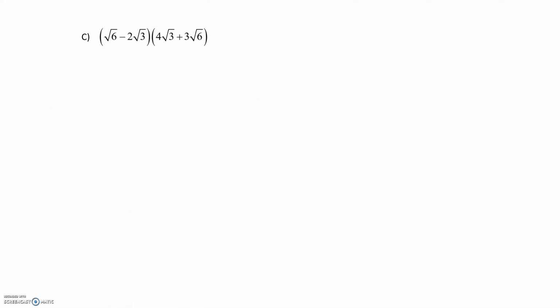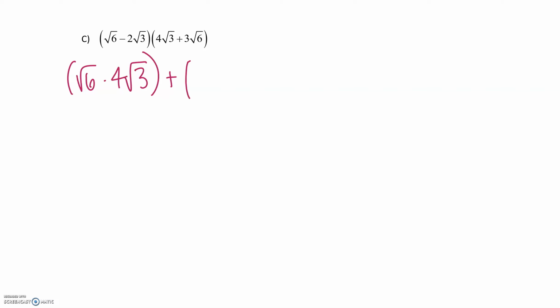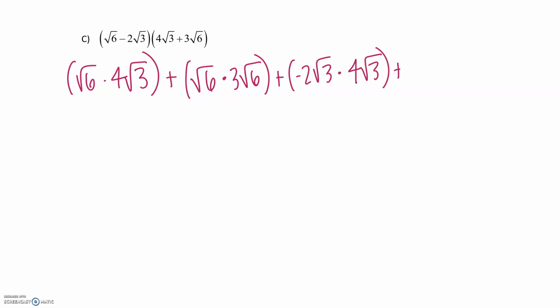Okay, and our last one, we've got the square root of 6 times 4 square roots of 3, plus the square root of 6 times 3 square roots of 6, plus negative 2 square roots of 3 times 4 square roots of 3, plus negative 2 square roots of 3 times 3 square roots of 6.